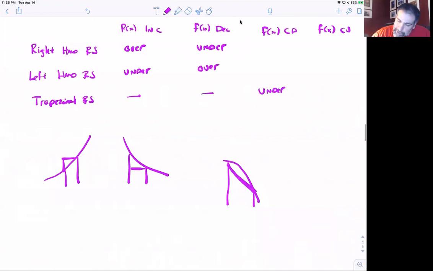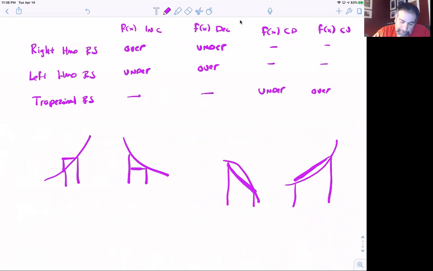And if your function is concave up and you're doing a trapezoidal rule, you're going to have an over approximation. So increasing and decreasing really don't make that much of a difference for the trapezoidal rule.